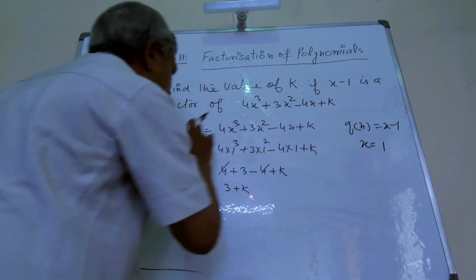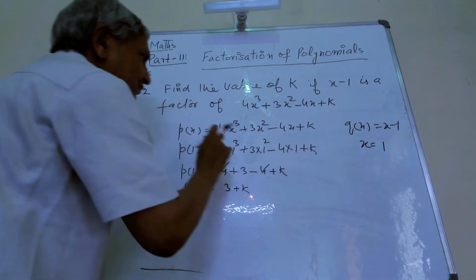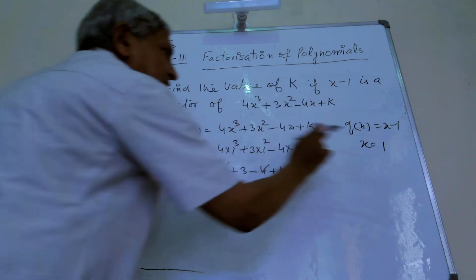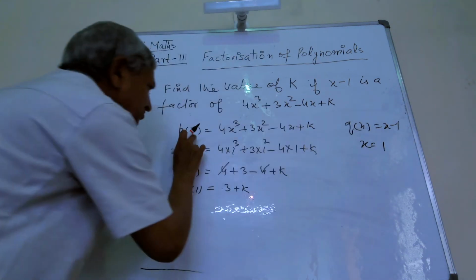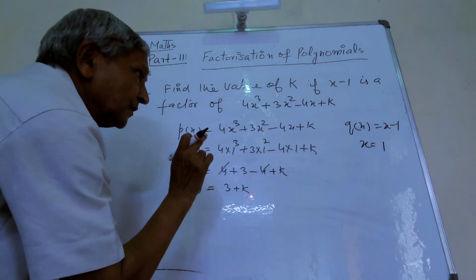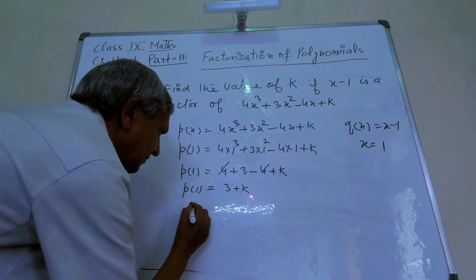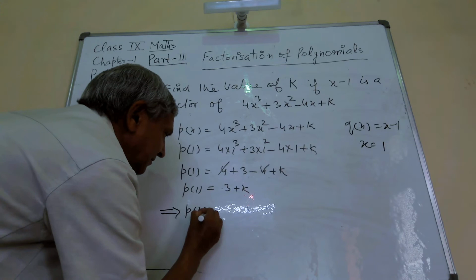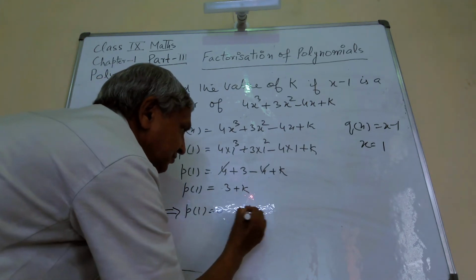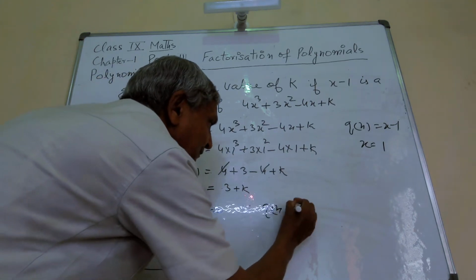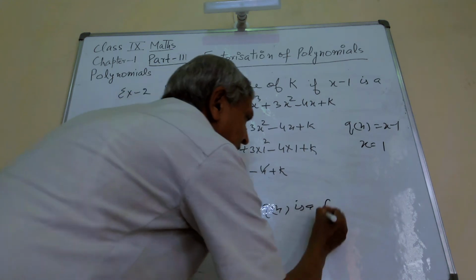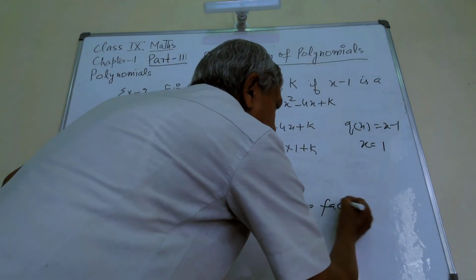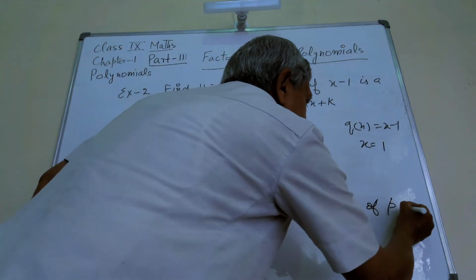If this is a factor, then the value of the variable makes the polynomial 0. So P(1) is equal to 0 because q(x) is a factor of p(x).